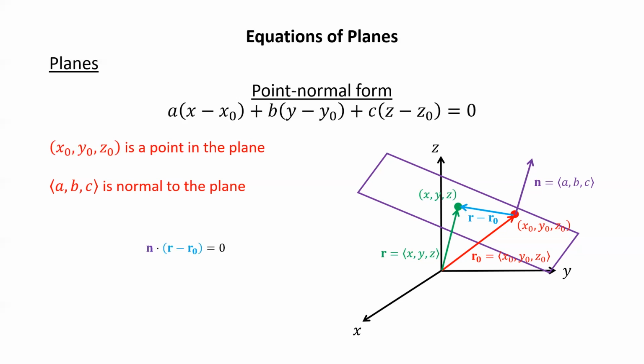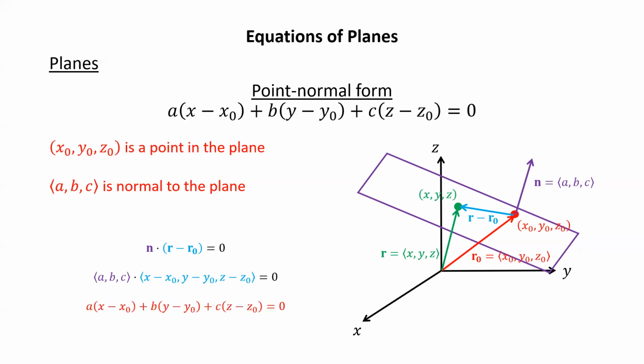It follows that the dot product of n with r minus r0 is 0. Writing that in component form, we have that the vector ABC and the vector x minus x0, y minus y0, z minus z0 have a dot product which is equal to 0.